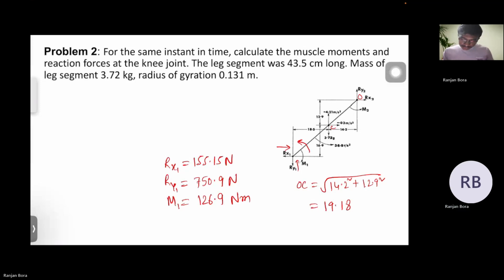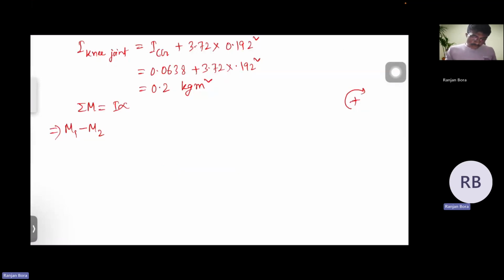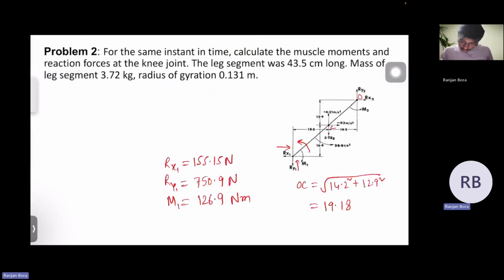Okay, so let me check the direction for a moment again. So direction of moment again with respect to knee joint, I am taking clockwise as positive. So here M1 it is coming about the knee joint. It is in the anti-clockwise direction, so it will be minus.